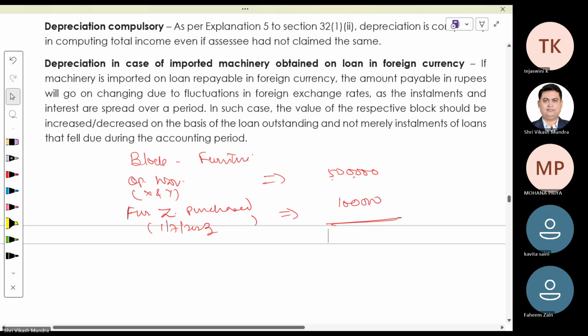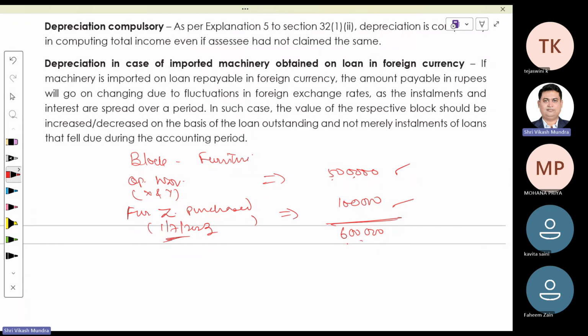The opening written down value is given as 5 lakh. The asset acquired during the year, which falls into this block, is rupees 1 lakh. Total is 6 lakh. There is no sale proceed. Since this was acquired in the month of July 2023, can I say that during the previous year, the asset was acquired and put to use for more than 180 days?